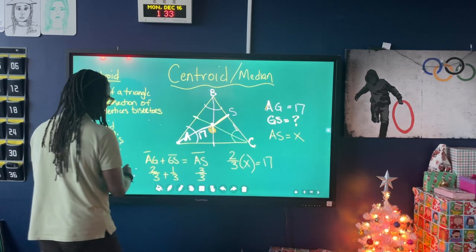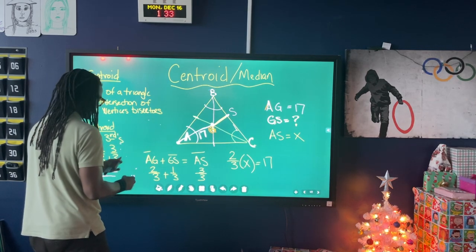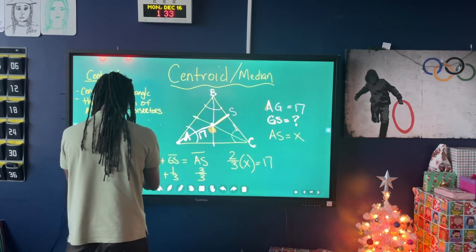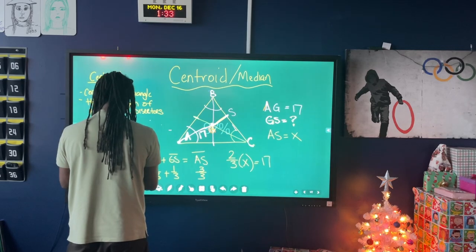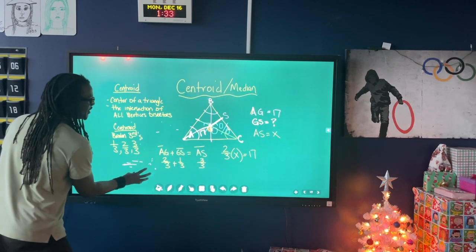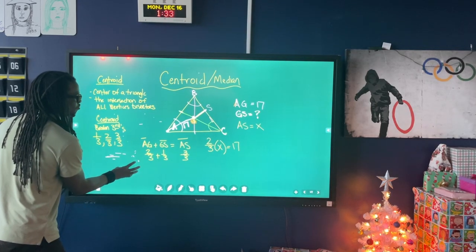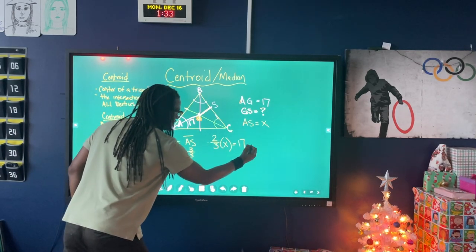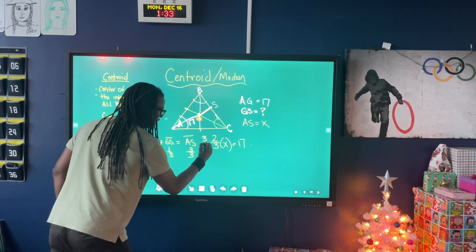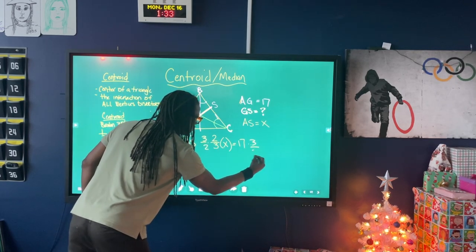Multiply by what on both sides? 3/2. They're reciprocal. Regular algebra at this time. So you're going to multiply both sides by the reciprocal, 3/2.